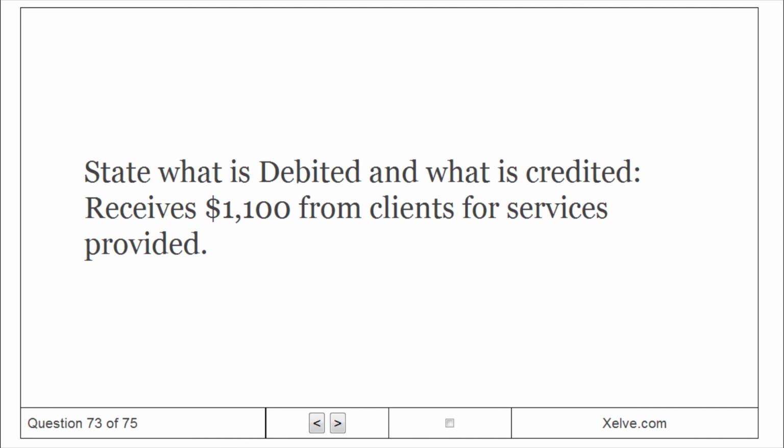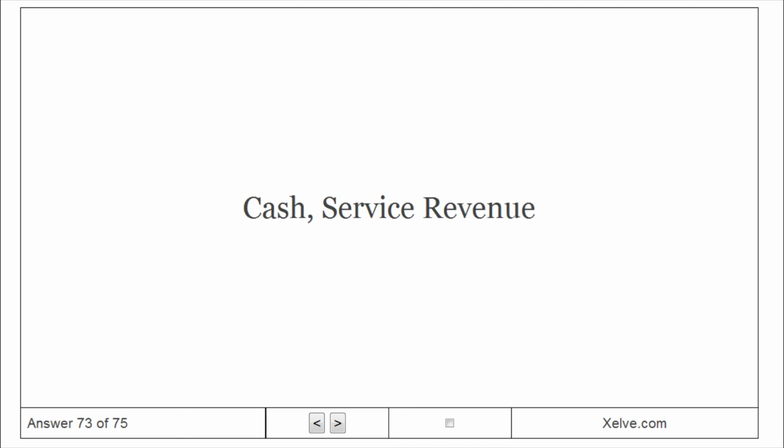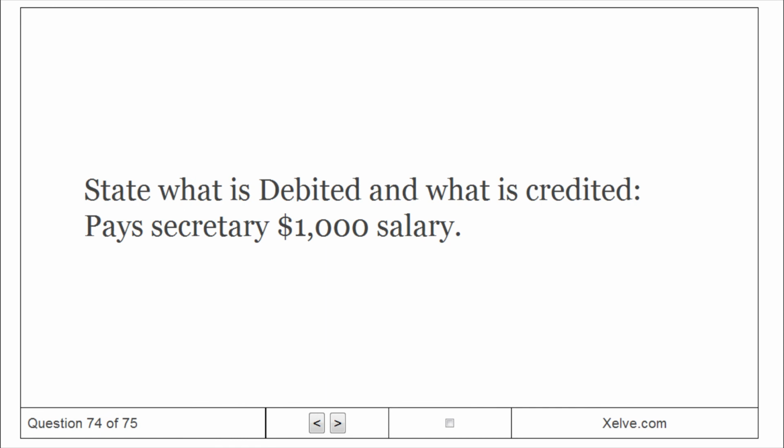State what is debited and what is credited. Receives $1,100 from clients for services provided. Cash, service revenue. State what is debited and what is credited. Pays secretary $1,000 salary.